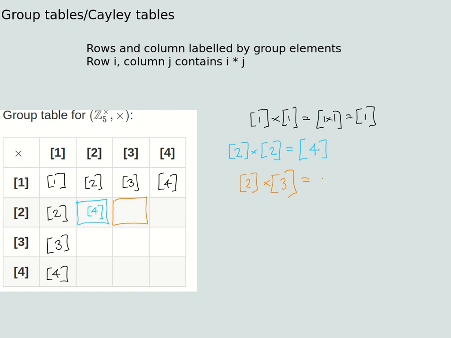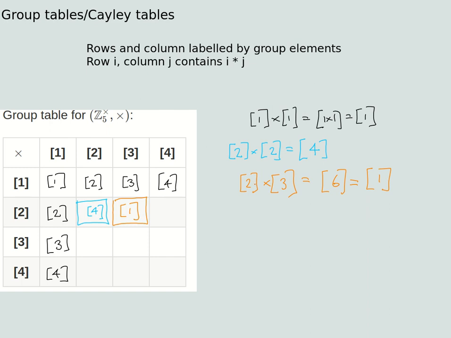When I work that out, of course, I get the class of 2 times 3, which is the class of 6. And we can rewrite that as the class of 1. Right? Remember, we are working with congruence modulo 5. 6 and 1 differ by a multiple of 5, so they're congruent mod 5. So that means the equivalence class of 6 and the equivalence class of 1 will be the same. So in here, I can put the class of 1.